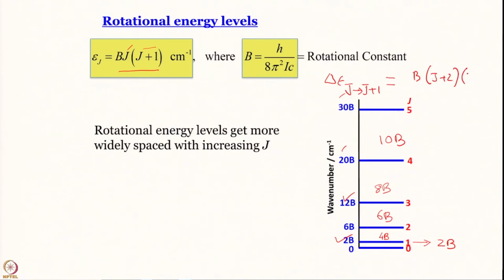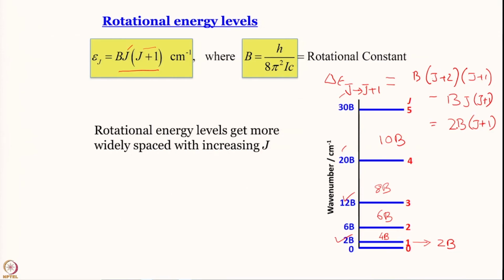So, J plus 1 becomes J plus 2 and J becomes J plus 1, minus B J into J plus 1. So, J plus 1 is common and inside the bracket you have J plus 2 minus J. So, it is 2B into J plus 1. So, the energy gaps turn out to be 2B into J plus 1.